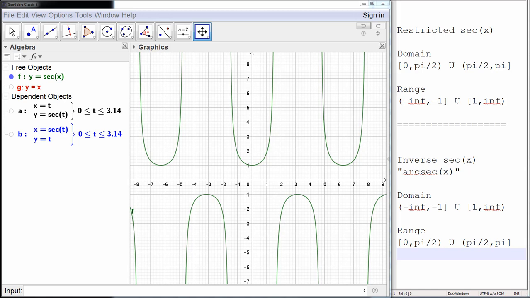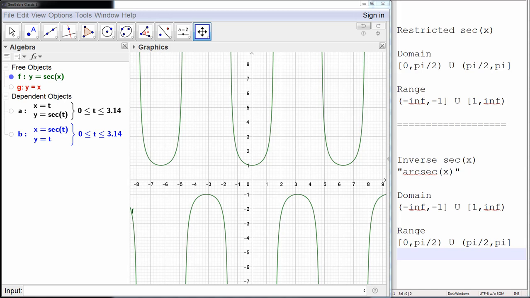So what we want to do in this video is I want to show you how you can build the inverse secant function. Building the inverse secant function and inverse cosecant function, the ideas are the same as when we built the inverse sine, the inverse cosine, and the inverse tangent function.